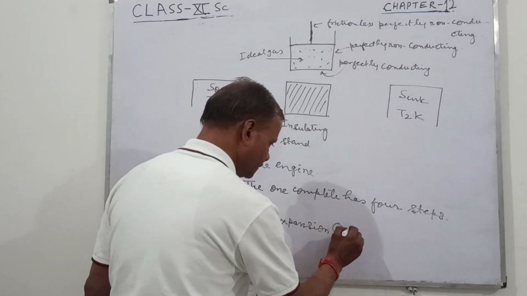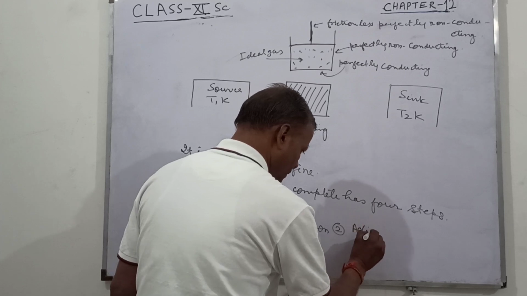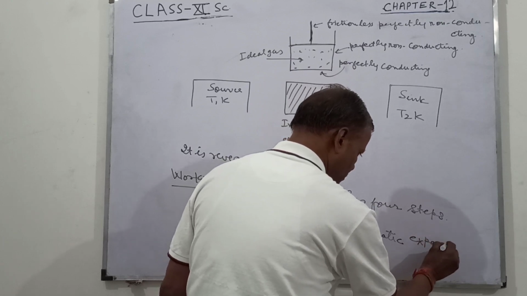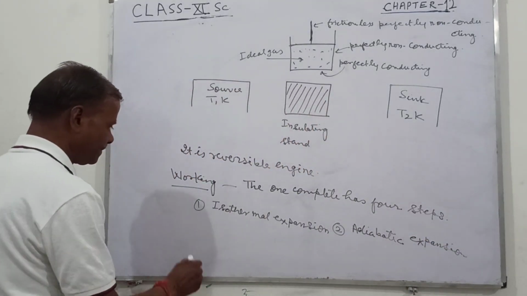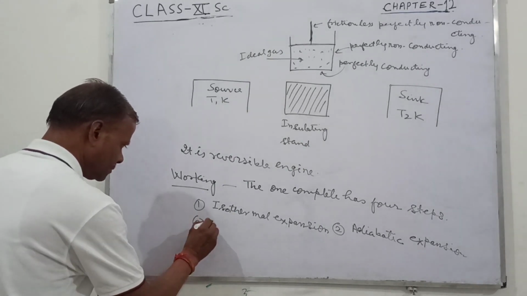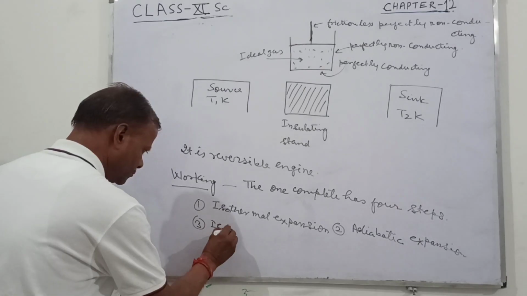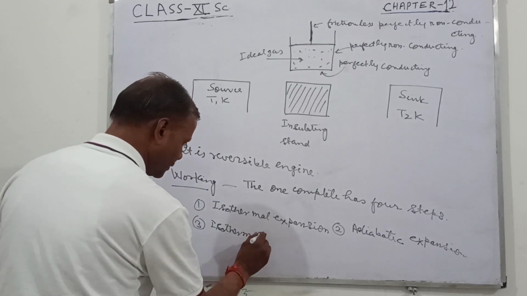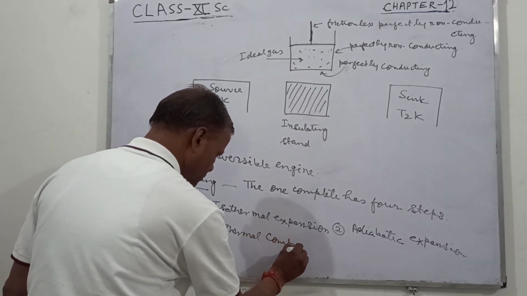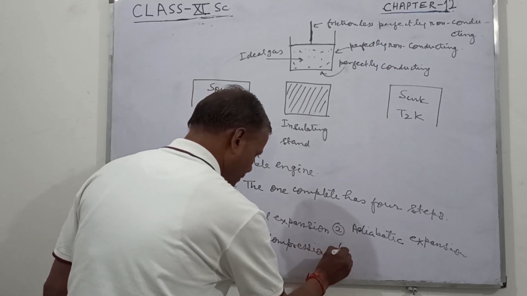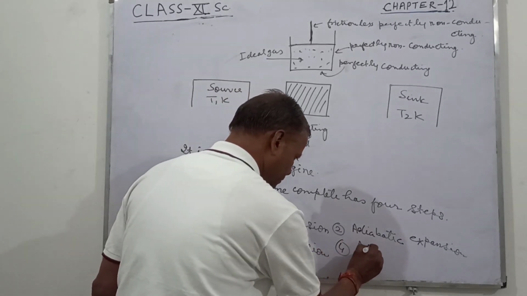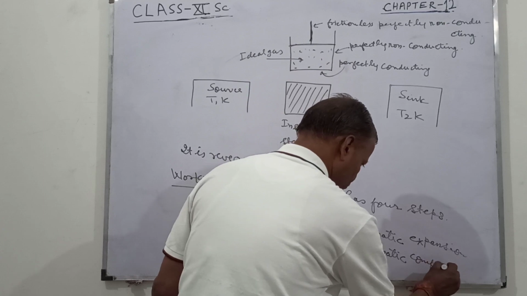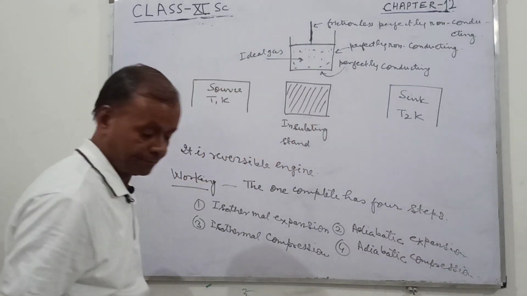Number 2, adiabatic expansion, and number 3, isothermal compression, and number 4, adiabatic compression.